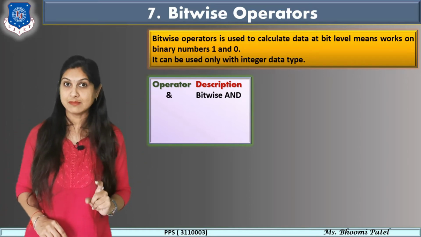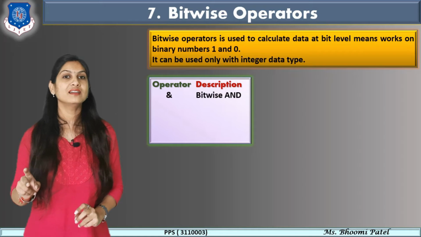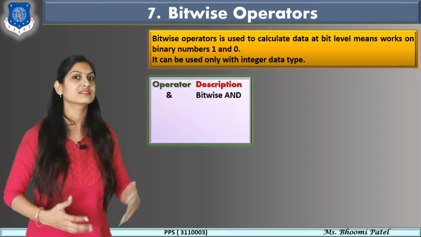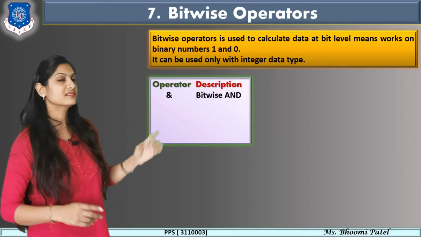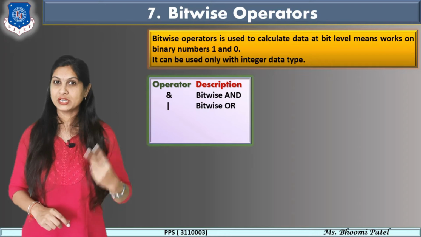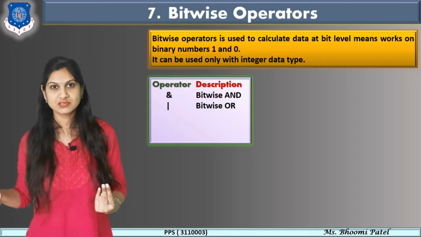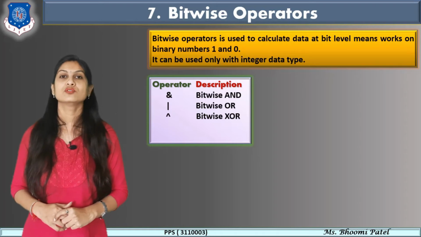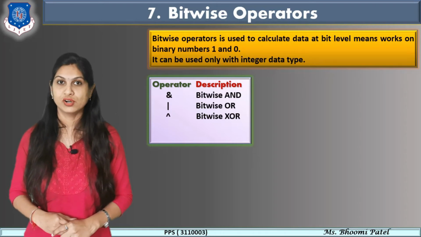Now you have to remember the difference. Double AND is a logical operator, single AND is the bitwise operator. Then a single standing line is bitwise OR. If you put a double standing line, it becomes a logical operator. Then third is the caret symbol, that is used for bitwise exclusive OR.